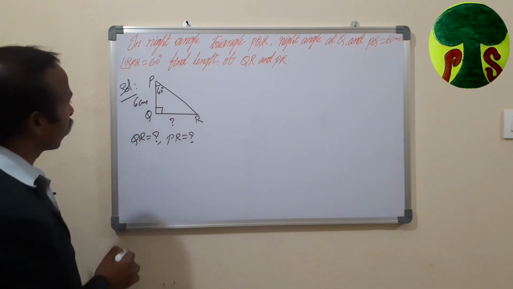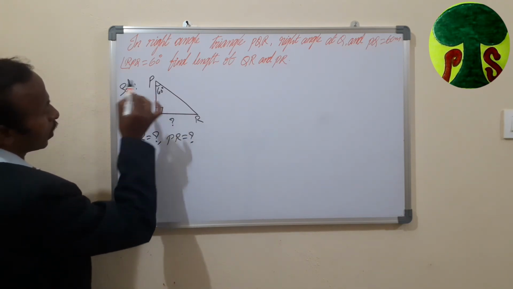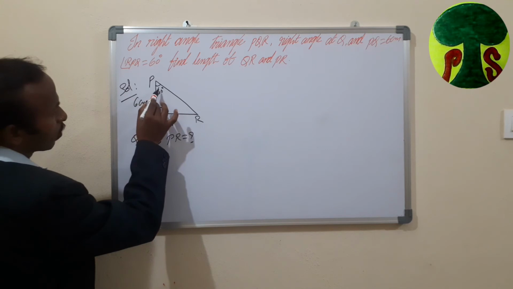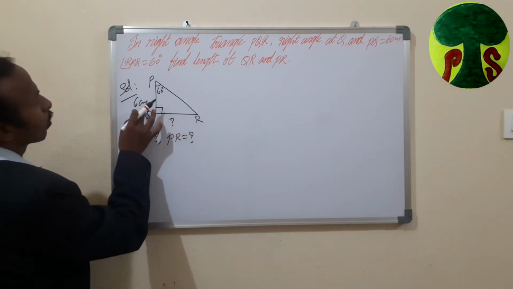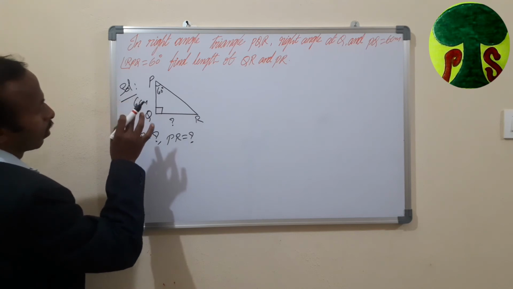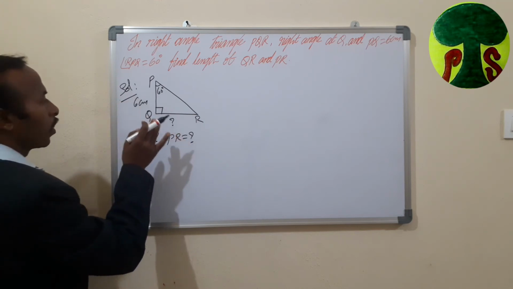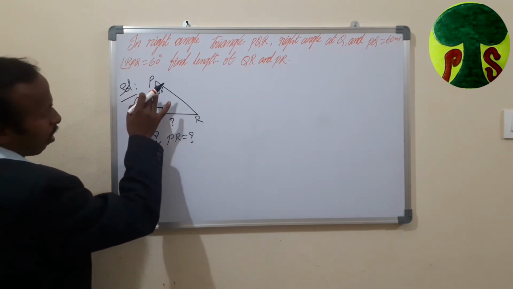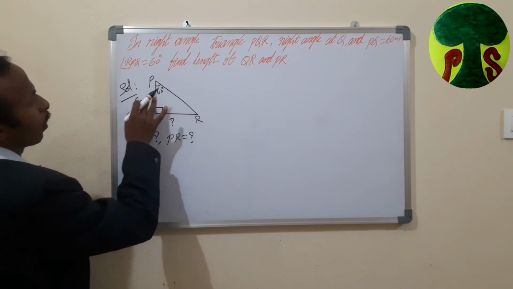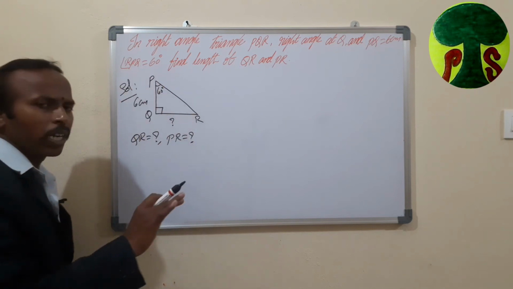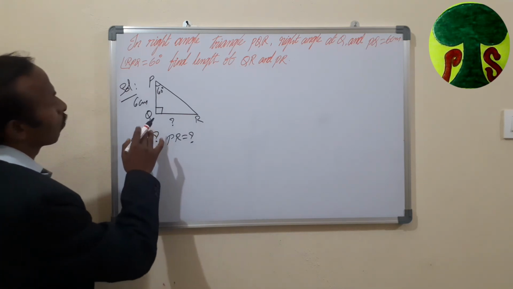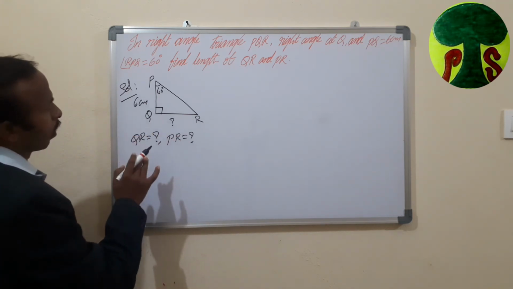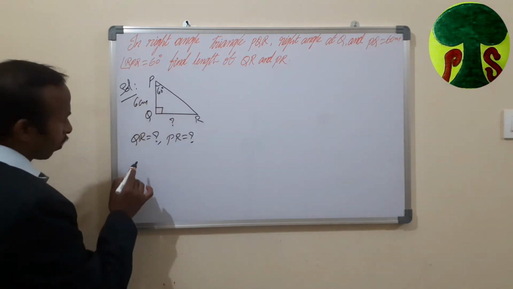Now see here, if you consider 60 as theta, for this the opposite is QR, so opposite by adjacent, or else you can use cos theta also, adjacent by hypotenuse. Any trigonometric ratio you can use to find the lengths of QR and PR. Now I am using tan theta.